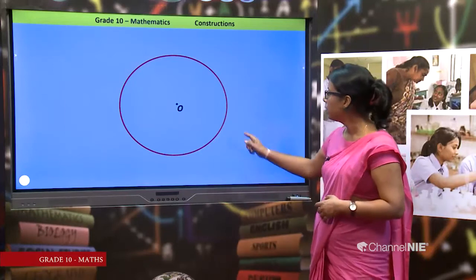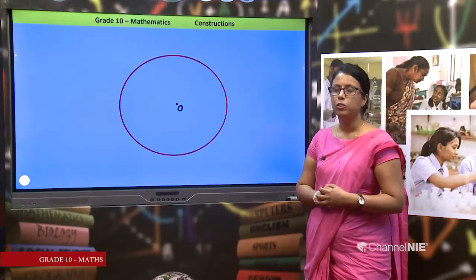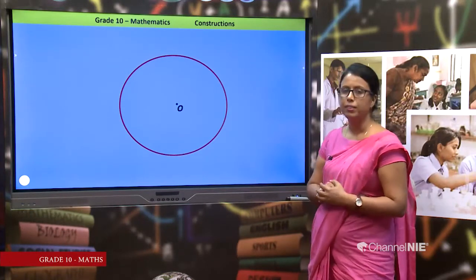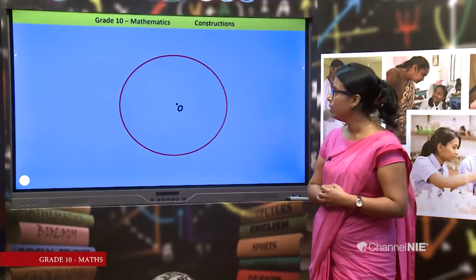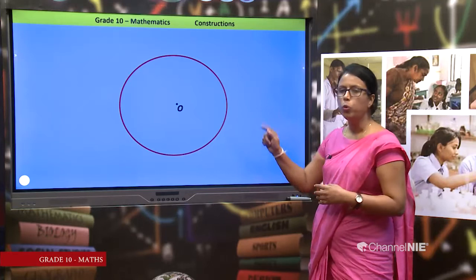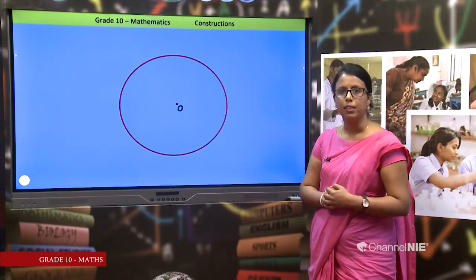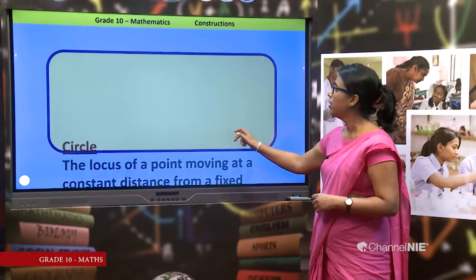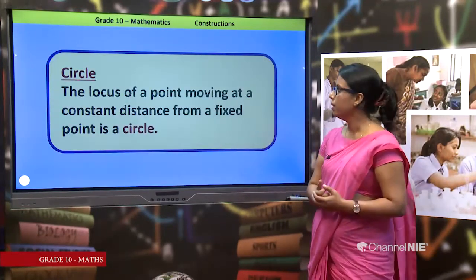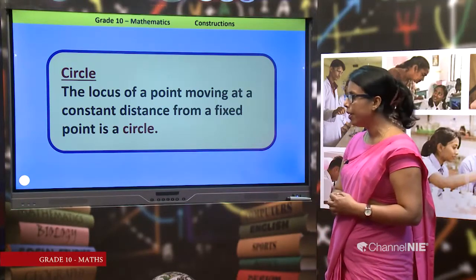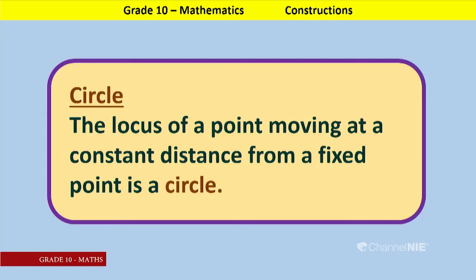This is a circle. The fixed point is the center. This constant distance is the radius. So, the path of the moving point, that locus, we call a circle. The locus of a point moving at a constant distance from a fixed point is a circle.